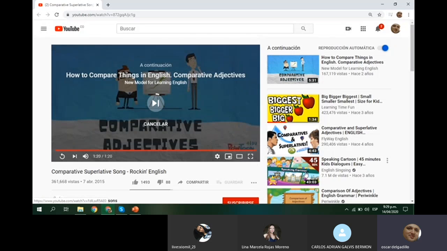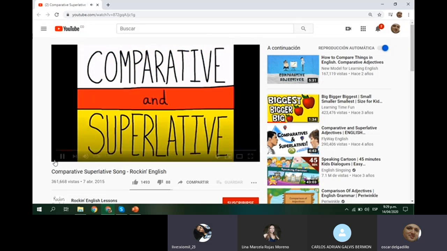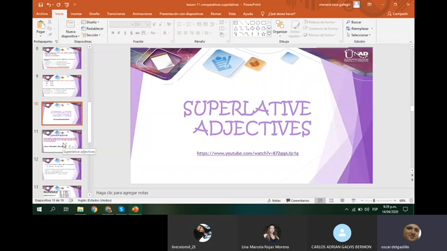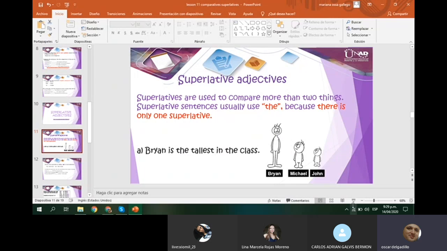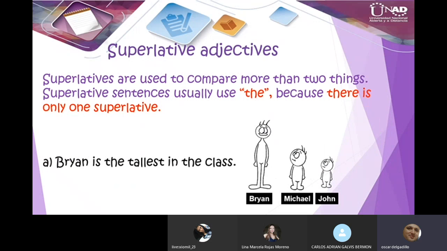Okay, Xiomara, can you hear the song? Yes, teacher. Superlative adjectives. Superlatives are used to compare more than two things.